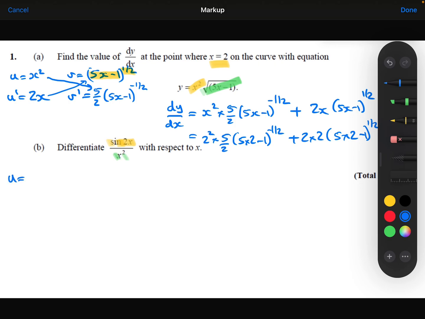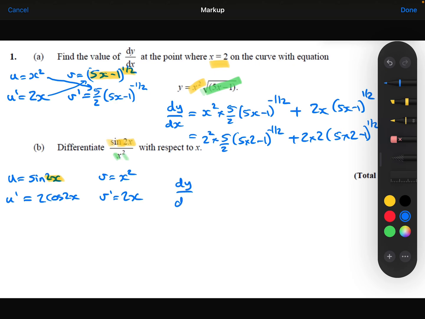So I'm going to get u to be sine 2x, and I'll get v to be x squared. u dash, then sine differentiates to be cos, and then I need, by the chain rule, to multiply by the derivative of the inside, which is 2. Differentiating the x squared, I get 2x.